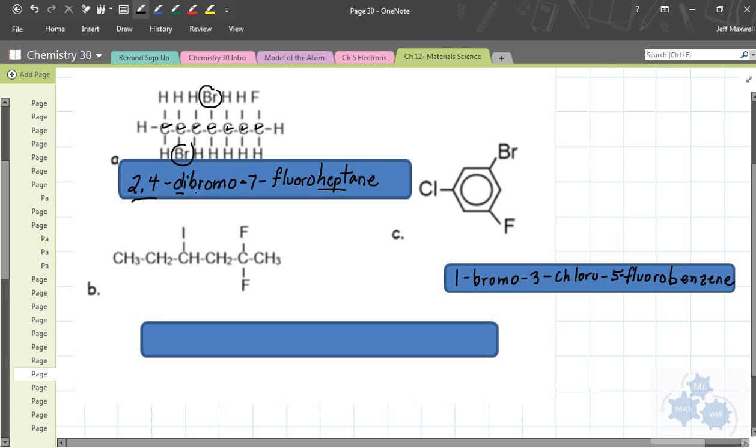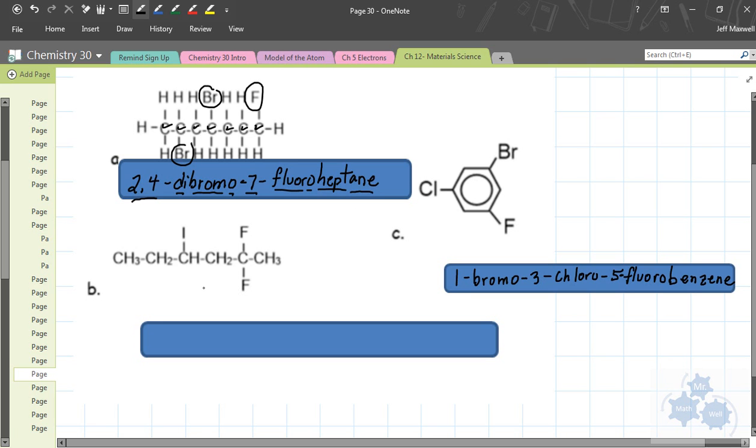And it's bromine, so it's bromo. And also there's another halogen on the last carbon, the 7th. So it's 7-fluoro, and it's a hept, all single bonds, ane.